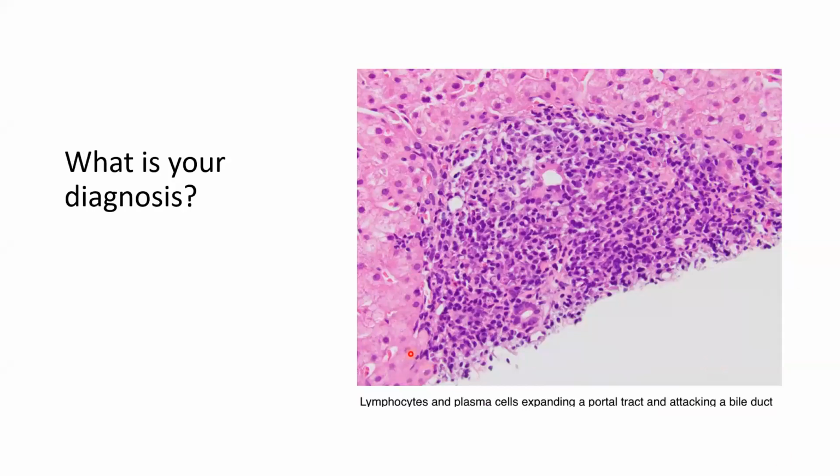You can see in this picture lymphocytes and plasma cells expanding the portal tract and attacking a bile duct. What is the diagnosis? What do you think? You can see this is a bile duct with lymphocytes entering, and plasma cells. This is a plasma cell. Primary biliary cirrhosis?